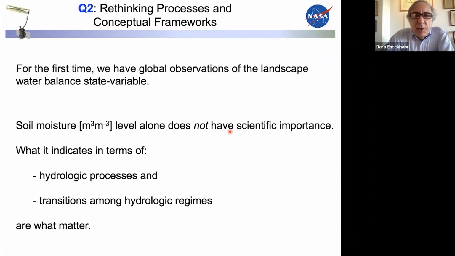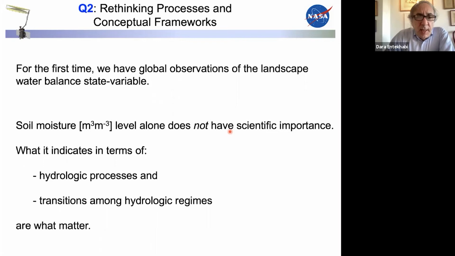No one paid any attention to it or even expected that across models there would be any consistency in the level of soil moisture. But now we suddenly have the measurements and mapping of the evolution of soil moisture fields globally. So what does that do to our models and conceptual frameworks, those input-output traditional models?